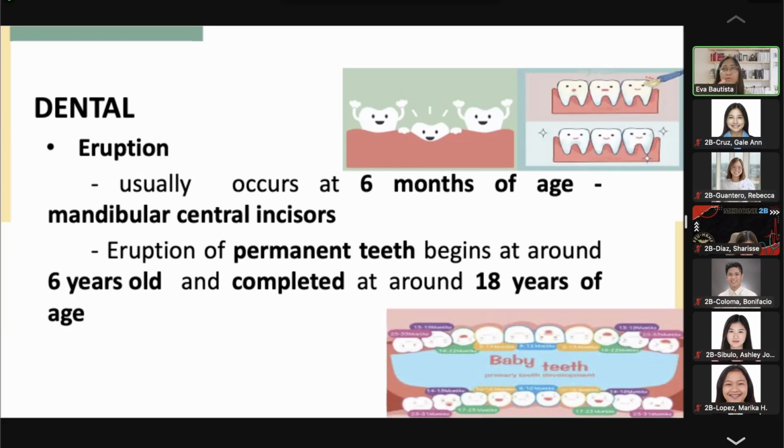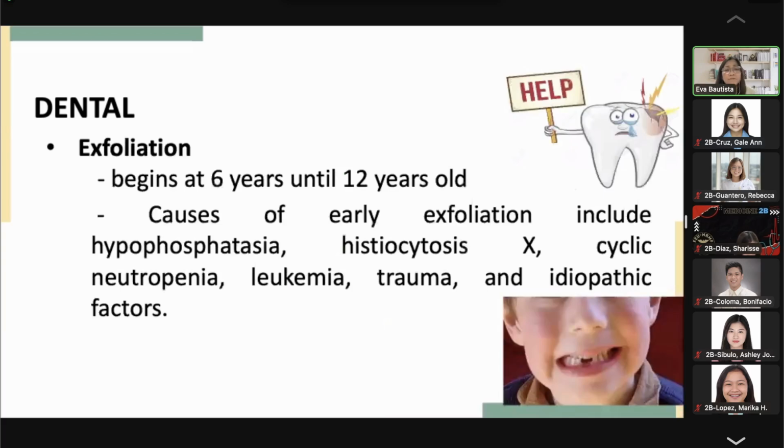They will have 2 to 3 erupting teeth, one at a time or simultaneously after 8 months, so they catch up. Exfoliation begins at about 6 years of age and continues through 12 years old. Of course, there are other causes for early exfoliation. It could be pathologic, secondary to trauma, or idiopathic.